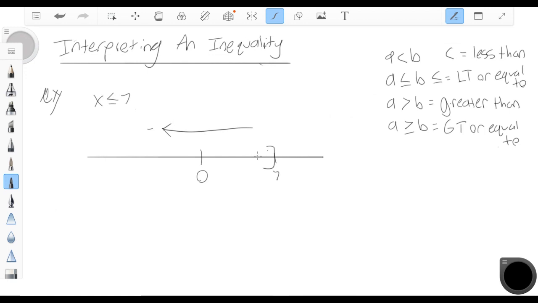So this inequality is represented by all of the space to the left of this bracket. And so we have all of the numbers on the number line that are less than or equal to 7 is represented by this closed bracket here. And we have the infinite arrow, the infinite ray pointing down the left side of the number line.